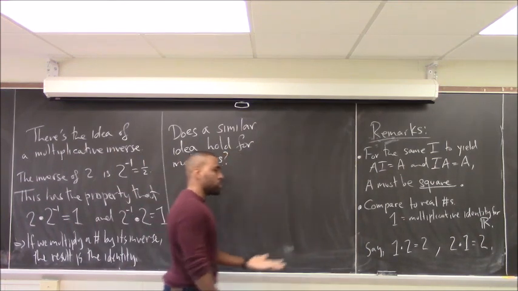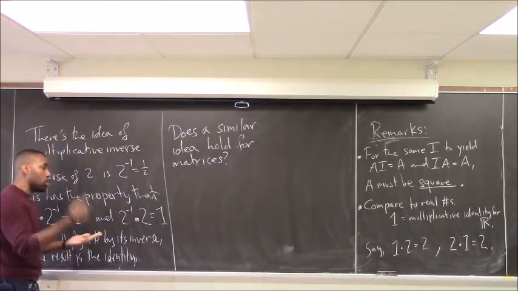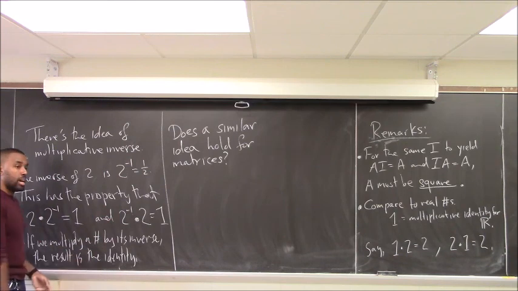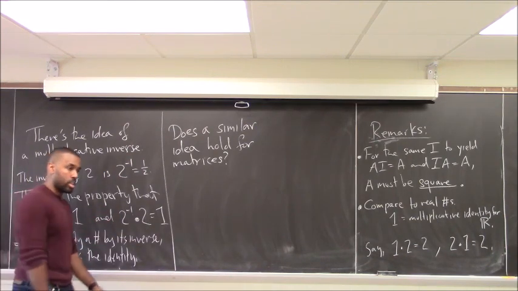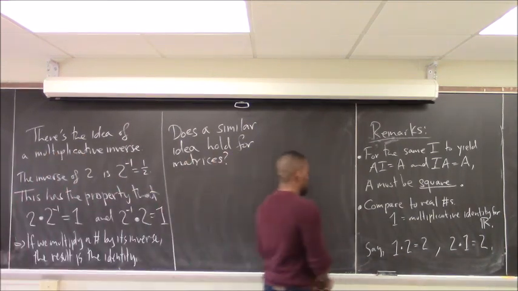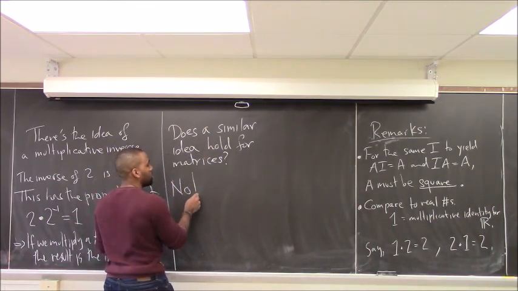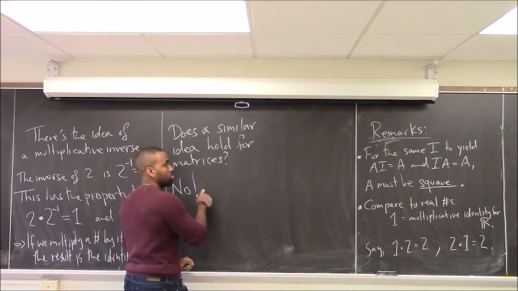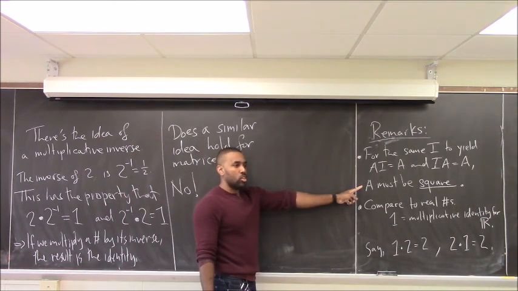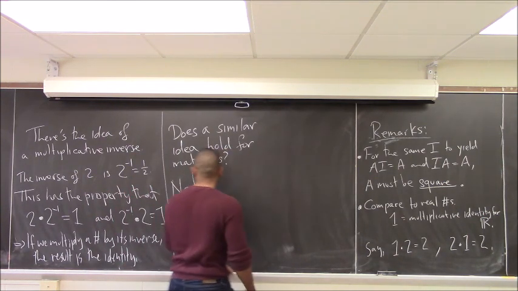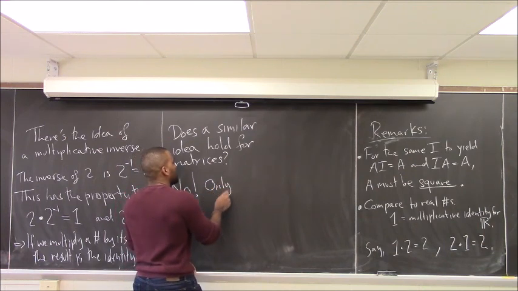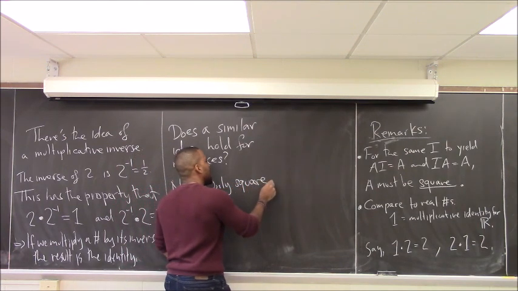If I give you a matrix, is there a unique matrix that I can multiply that guy by on either side and get an identity on the other side as the result? Now, the answer is, of course, no right off the bat, because you've already restricted who this will work for, right? Only square matrices even have this possibility.